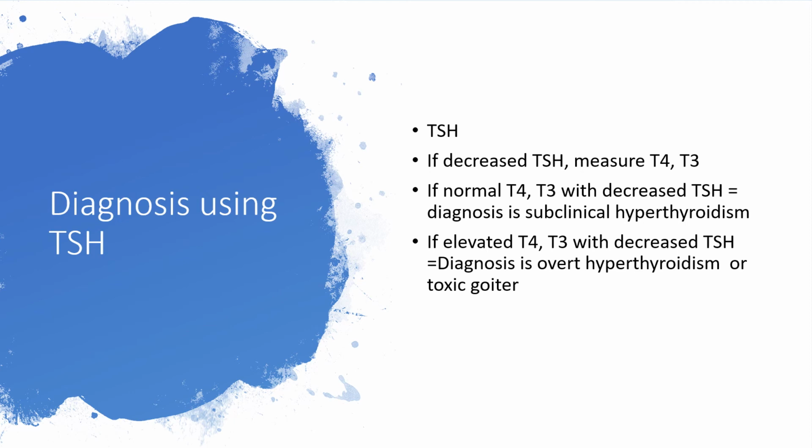But if the value of thyroid function test returns and your T3 and T4 are elevated in the face of low TSH, the diagnosis is different. That is overt hyperthyroidism. And if the goiter is obvious, you are dealing with toxic goiter.